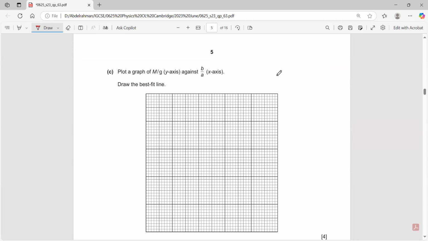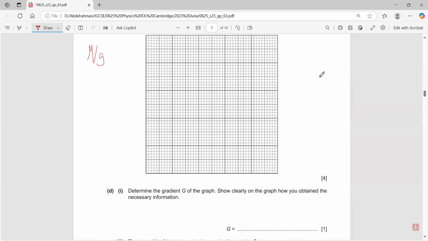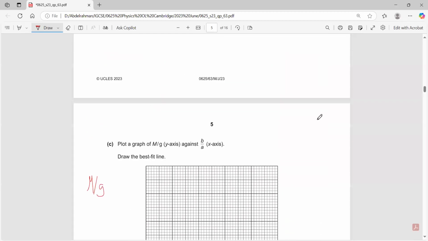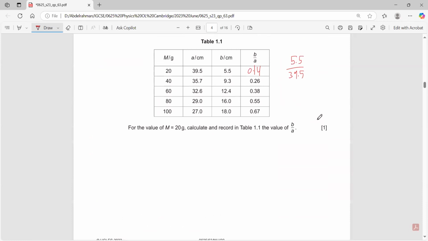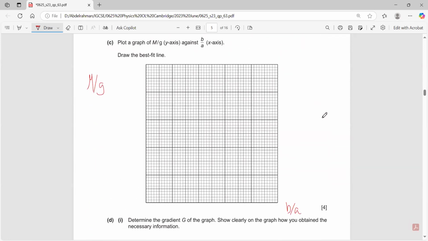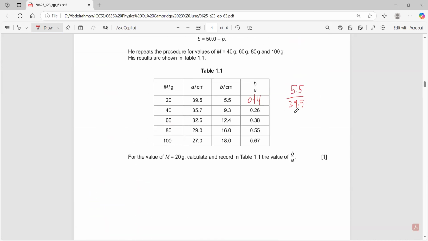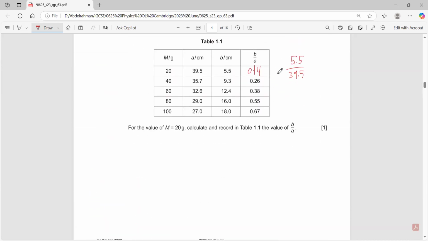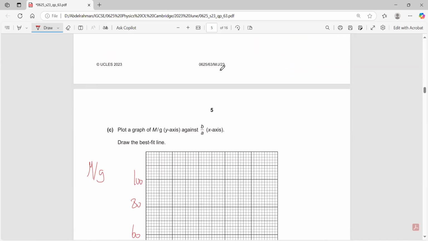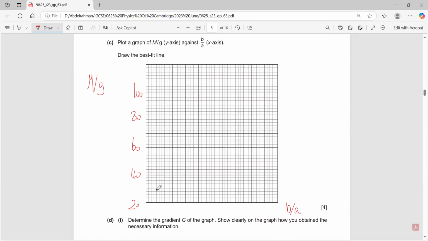Mass, m g, on the y-axis, and B over A on the x-axis. The masses go from 20 all the way to 100: 20, 40, 60, 80, and 100. For B over A, you have values from 0.14 to 0.67. Can I start with 0.1?